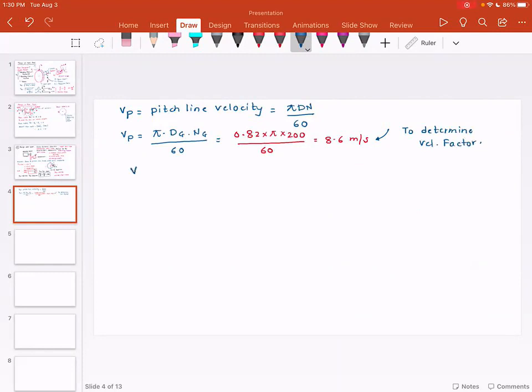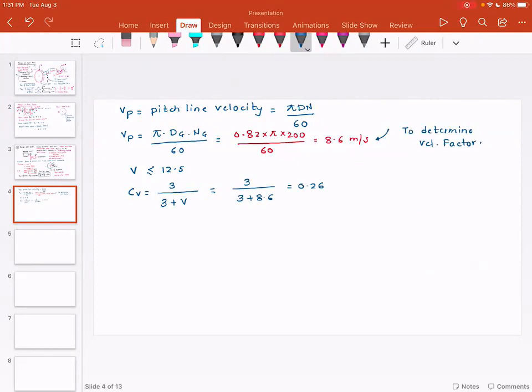Since velocity is less than or equal to 12.5, CV is 3 divided by 3 plus V. That gives me 0.26 as the velocity factor.